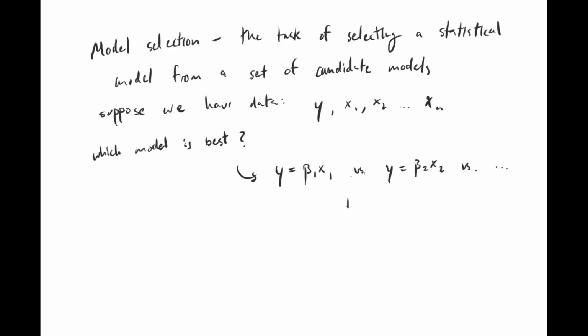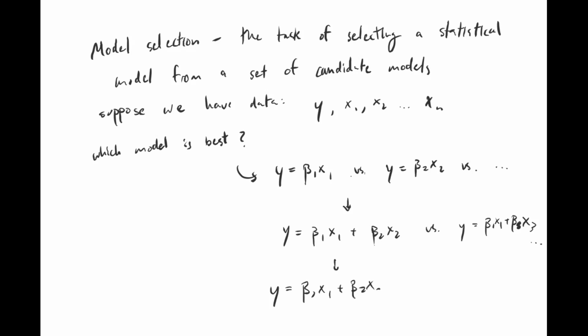And then in more dimensions, we can think about y equals beta 1 x1 plus beta 2 x2, versus y equals beta 1 x1 plus beta 3 x3, and so on and so forth, all the way until you have y equals beta 1 x1 plus beta 2 x2 plus dot, dot, dot, all the way until you have beta n xn.